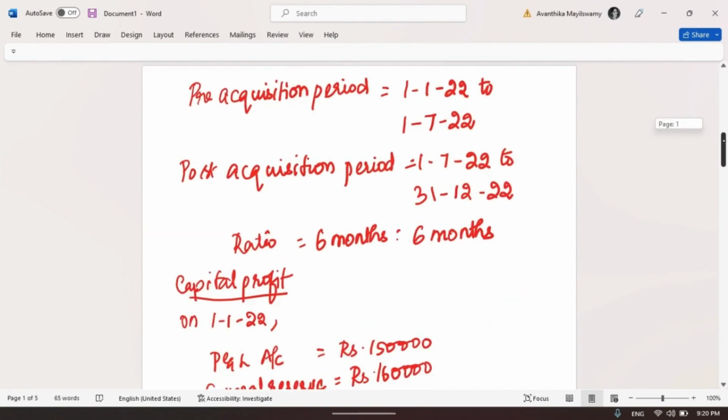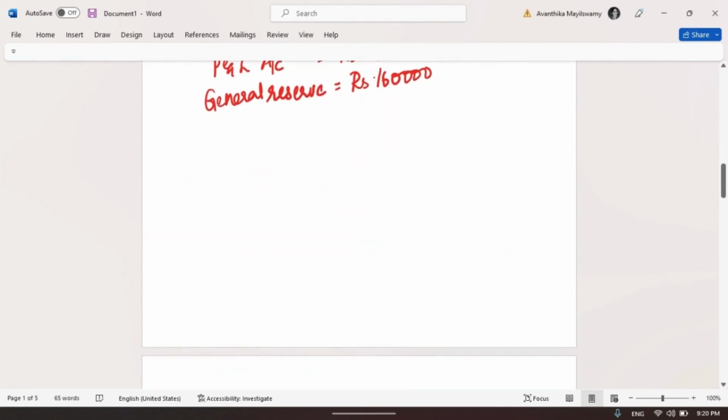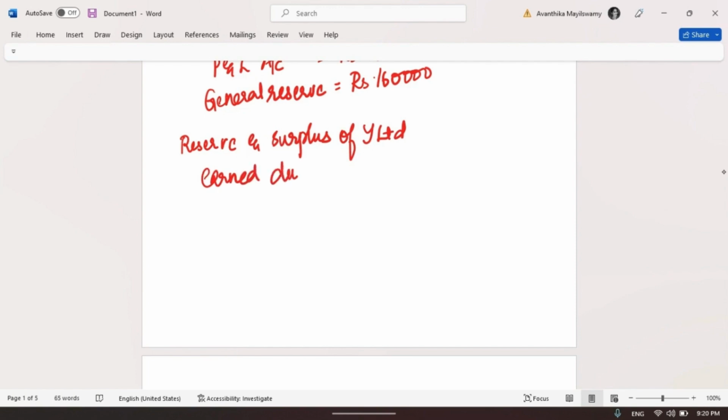Now we have the profit which is earned during this year, that is the reserves and surplus which Y has earned during the year 2022, that is from January to December.